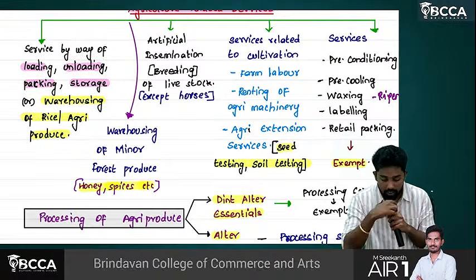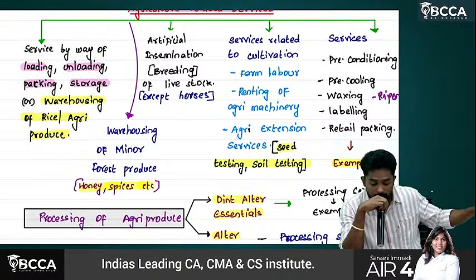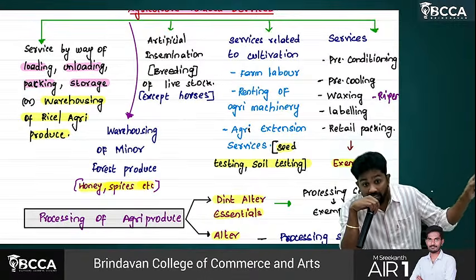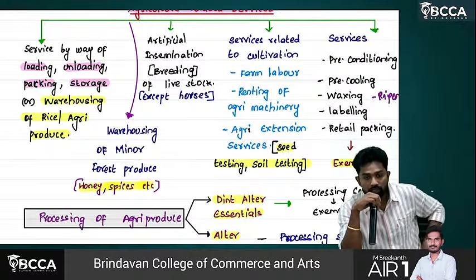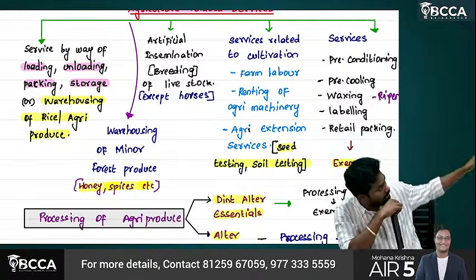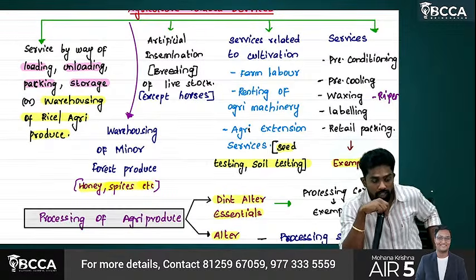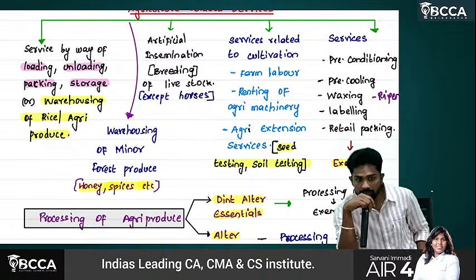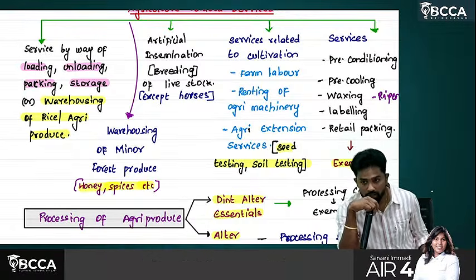Sir, understand once again. Rice is not agri produce actually. Paddy is agri produce. But still they included rice. So if you store, load, unload, pack rice, all these are exempted. Same way, agri produce also exempted.